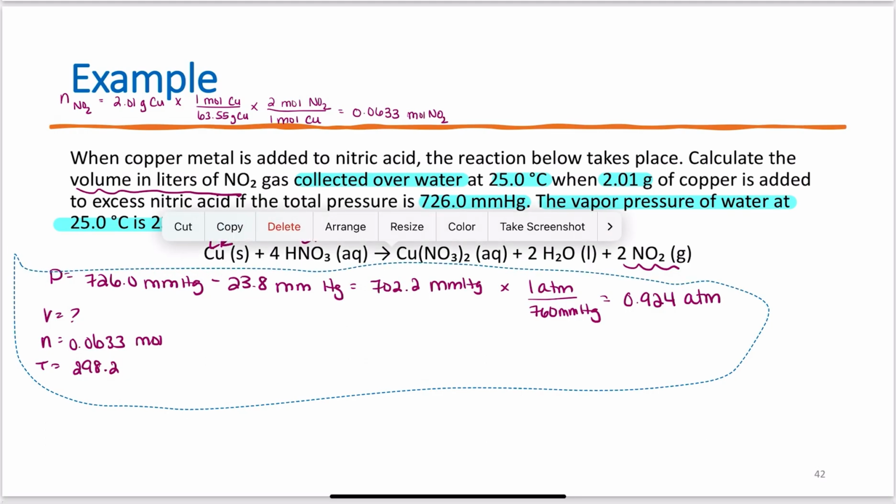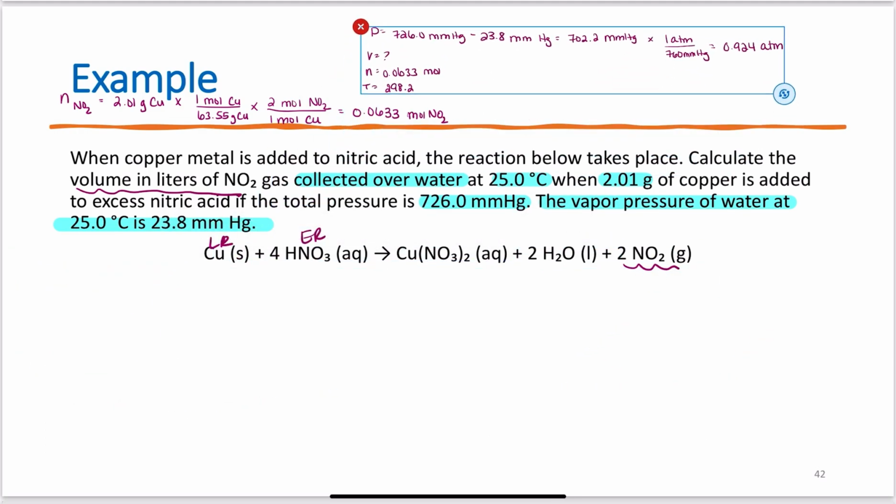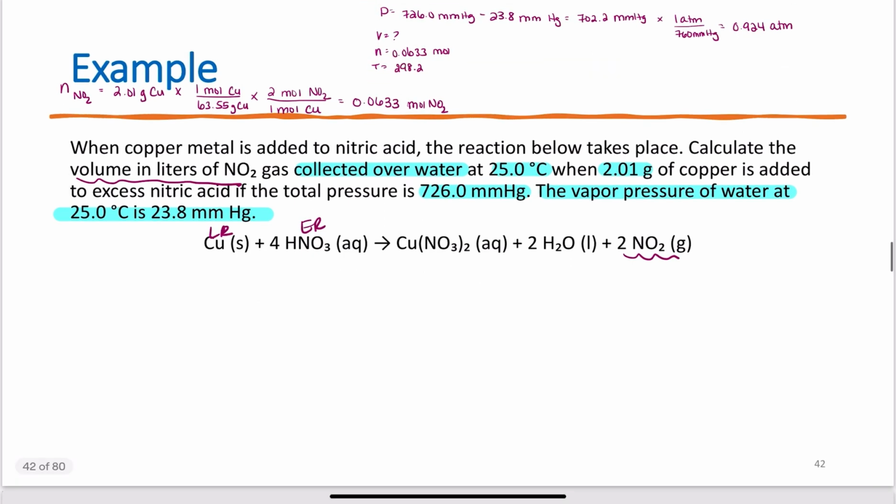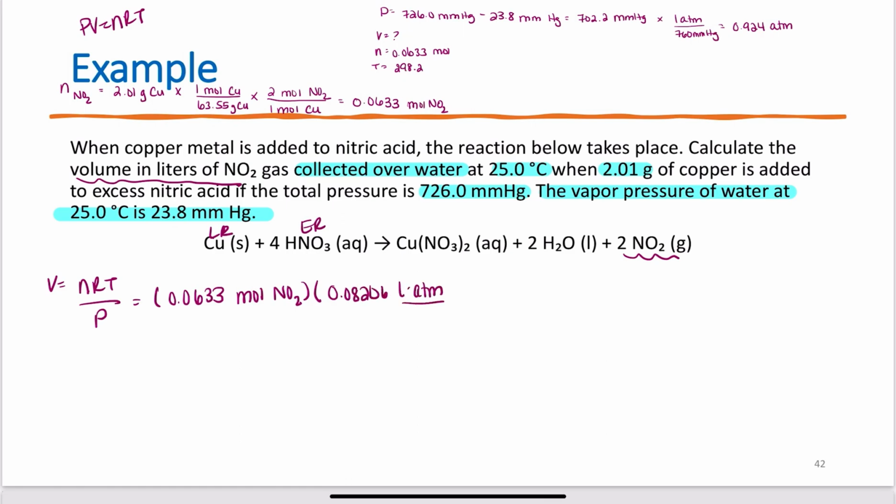I'm going to shrink these down so I have some room. Okay, so I'm trying to find volume. I know again PV equals nRT. Volume is equal to nRT over P. Number of moles, 0.0633 moles. R, 0.08206 liter atmosphere per mole K. Temperature, 298.2 Kelvin.